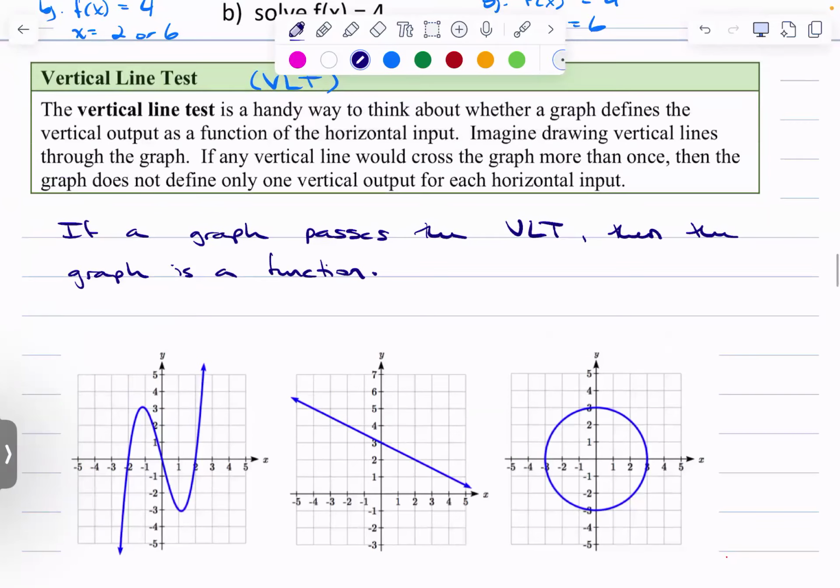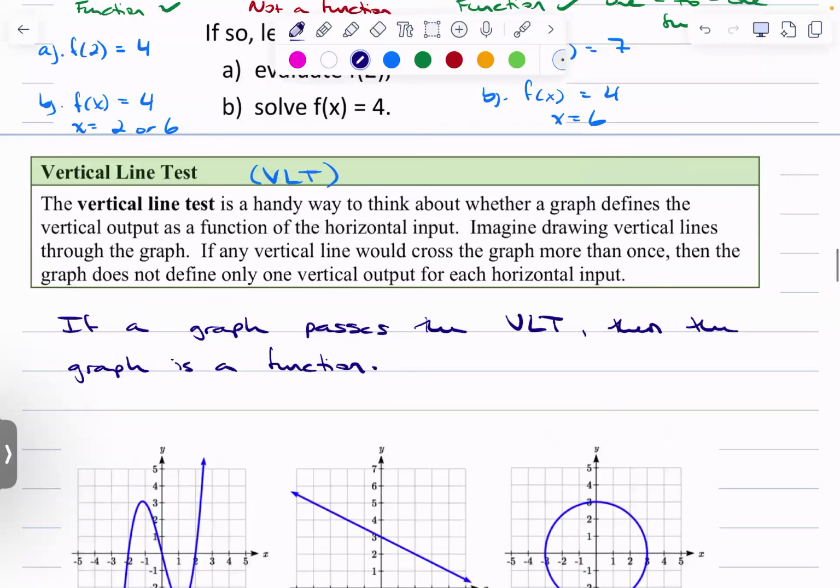So the vertical line test, so a vertical line goes up and down like this, right? And so a vertical line moves up and down like that, right? As opposed to a horizontal line, right? And how I remember that is the horizon, right? If you're watching the sunset or the sunrise, like this. So it's like this, and then you just have to remember one, and then the other one is the vertical, right?